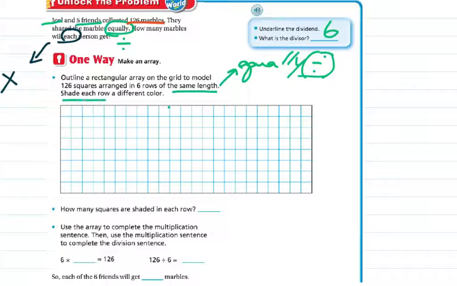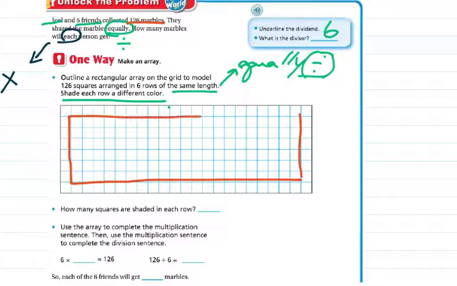It says shade a row, each row a different color. So I'm going to make my box. So I have 6 rows, and I'm going to shade them a different color.